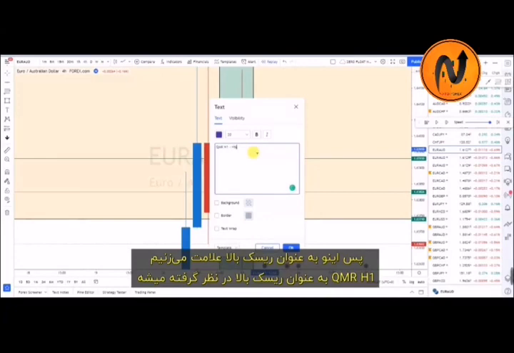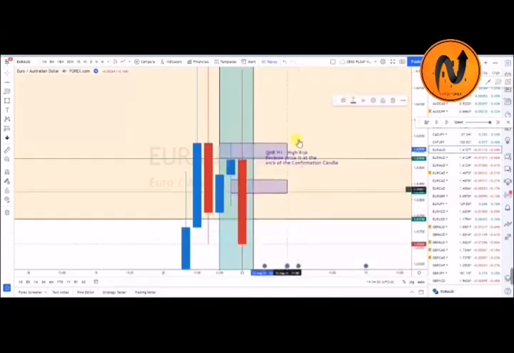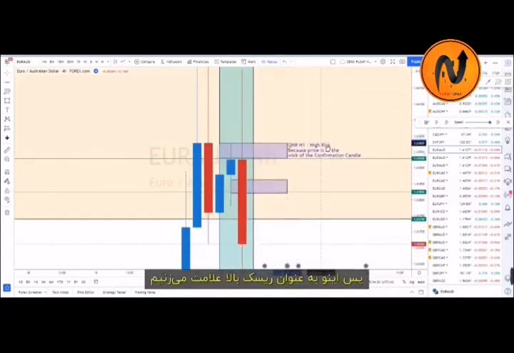Okay. So why high risk? Because price is at the wick of the confirmation candle. Okay. So we're going to mark this as high risk.